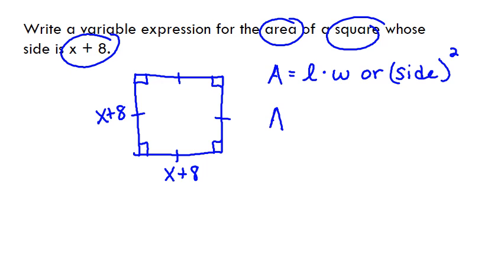So using that formula, our area model for this square would be x plus 8 all squared. And if we want to write a variable expression, we're going to expand it. So we're going to have x plus 8 times x plus 8.